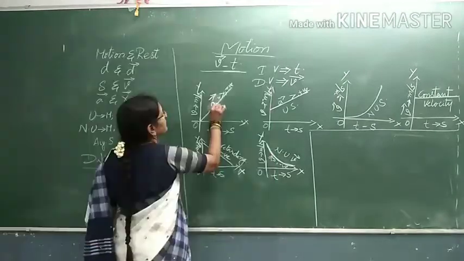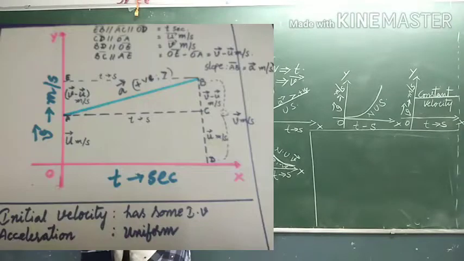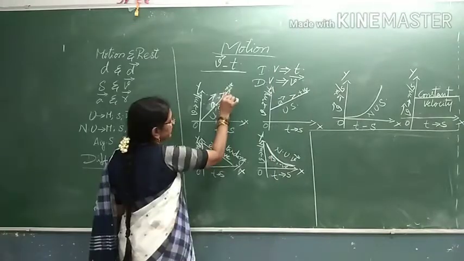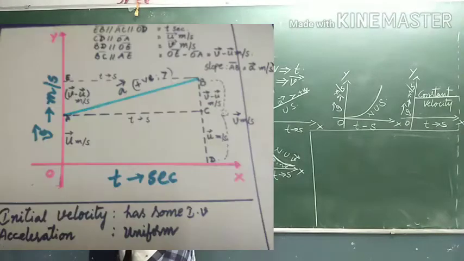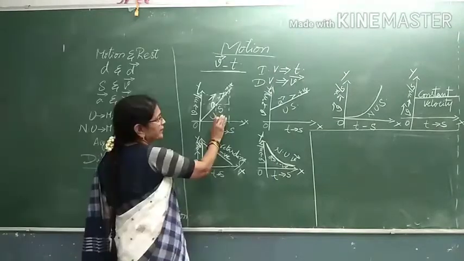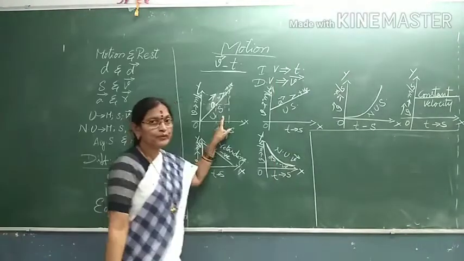Suppose I ask from here to here. When you are drawing perpendiculars, what will come? This is the area and this is one more area. When you add these two areas, you will get at this particular point the distance covered by a moving object.